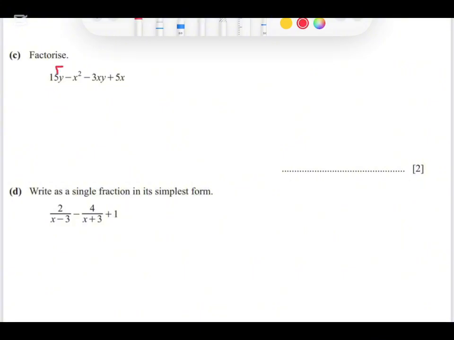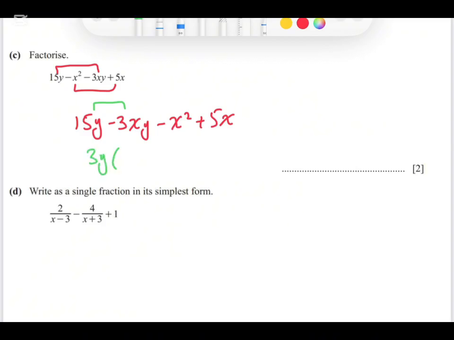we can take common from these two, and we can take common from these two. So first I will arrange. So I've arranged it. Now I can take 3y as a common factor, so the remaining will be 5 minus x.